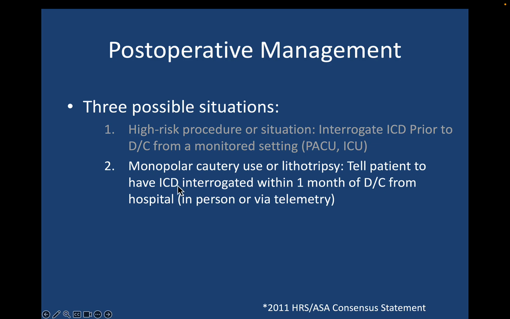Now, the second scenario is where a patient had monopolar cautery use or lithotripsy. In that scenario, you should tell the patient to have the ICD interrogated within 1 month of discharge from the hospital, and that can be either in person at the cardiologist's office or via telemetry.